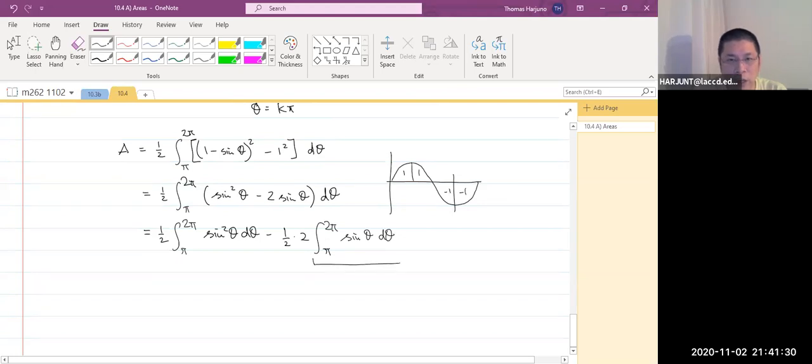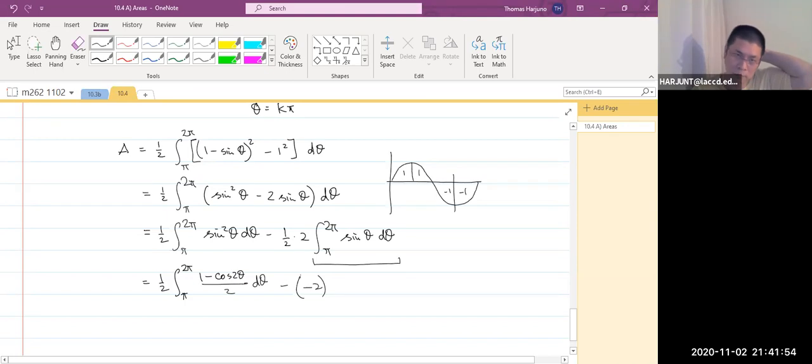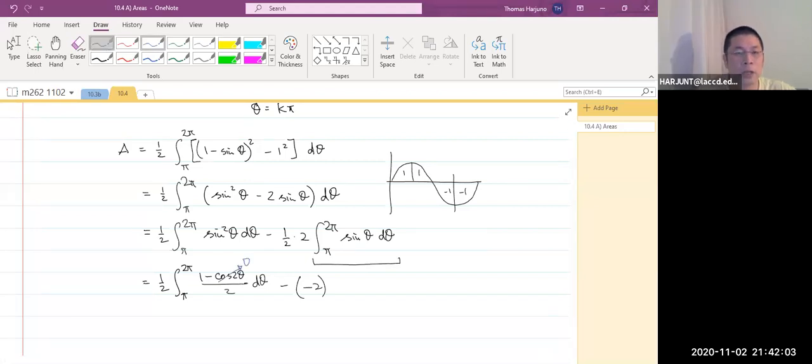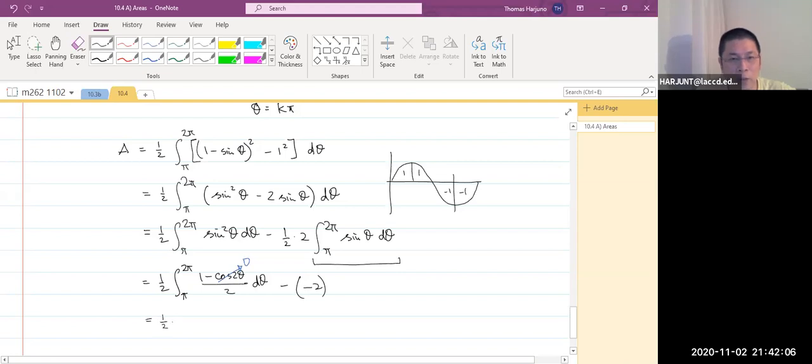So the area here will be negative 2. That's negative 1 times negative. And I know this will eventually be 0. Okay, so fast forward, this will be 1/2 times 1/2 times pi plus 2. So that's 2 plus pi over 4.